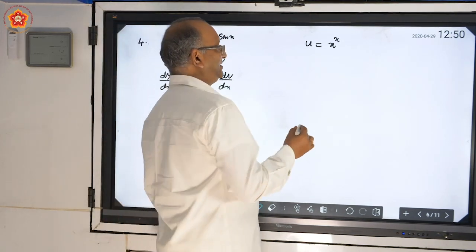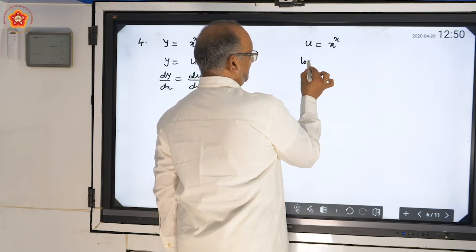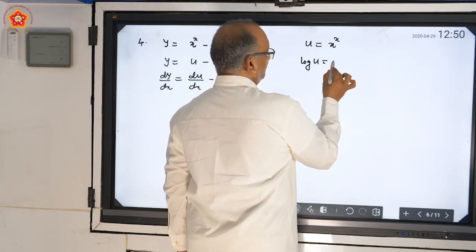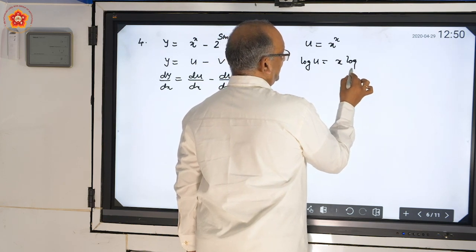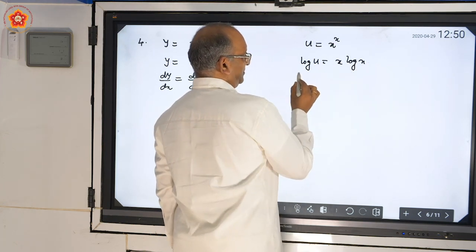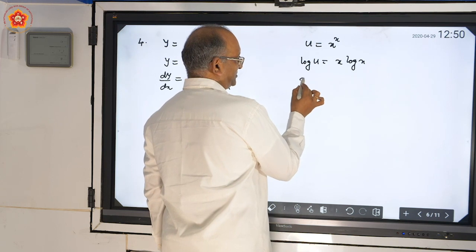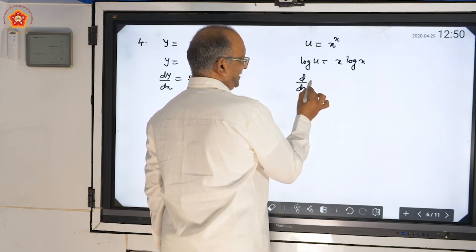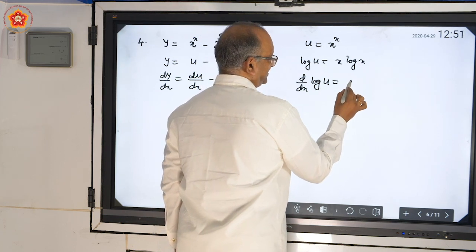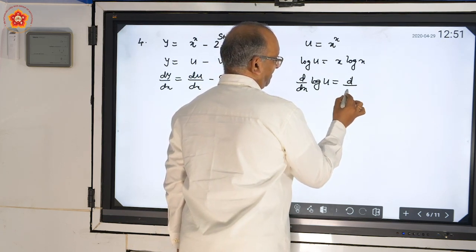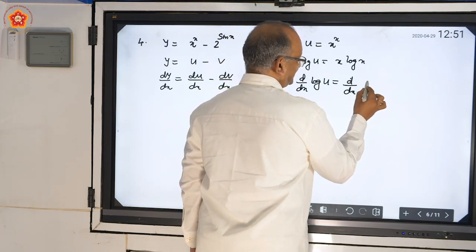Take log both sides. It will become log u equal to, take log for this, it will become x log x. Apply the product formula. First differentiate both sides. It will become d dx of log u equal to d dx of x log x.